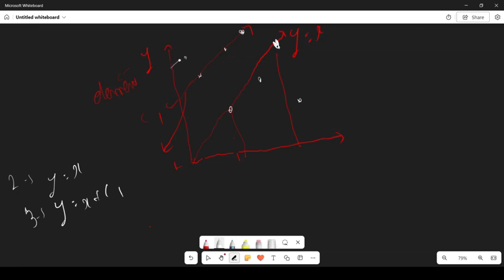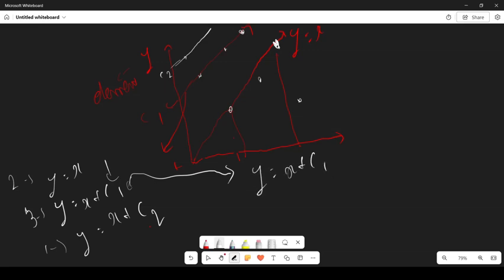Maybe if I draw another one passing through here for c2, one element falls in the y is equal to x plus c2 family. And as you can see, this is the family of lines which captures the most elements. So we need to look for a set of elements and indices that satisfy this line equation, y is equal to x plus c1.